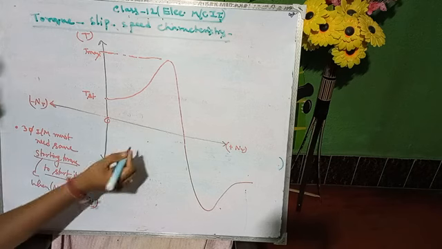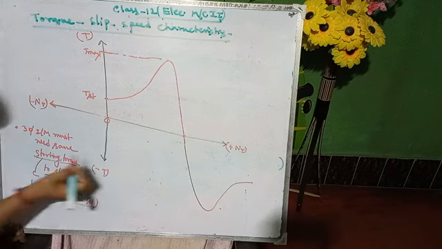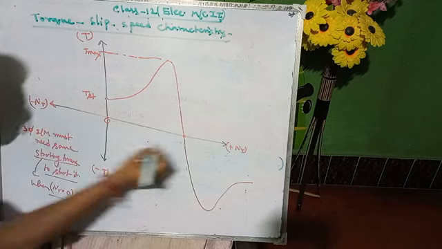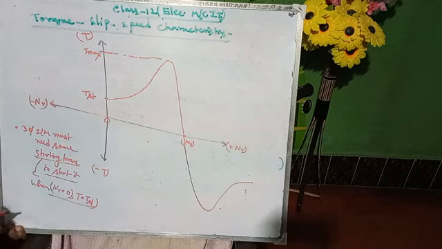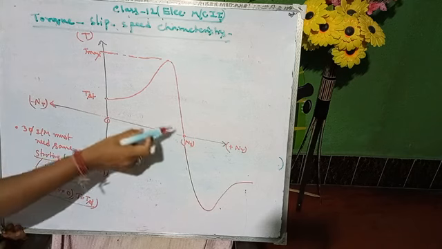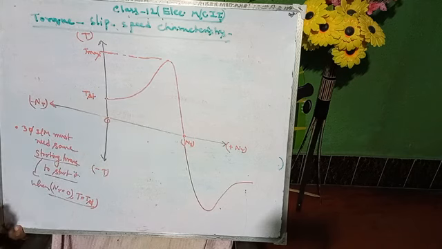So at this situation ns is achieved. This is the ns. When ns is achieved, the torque will fall. Why?